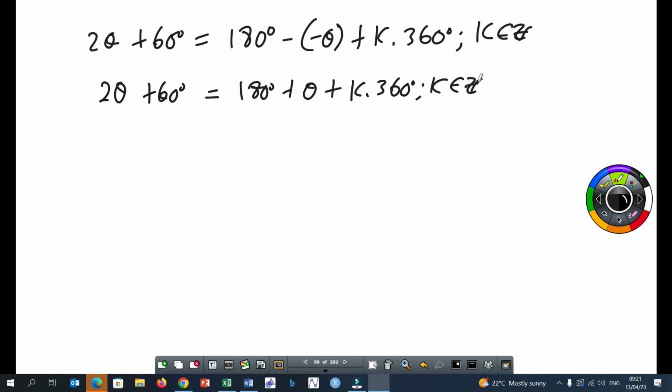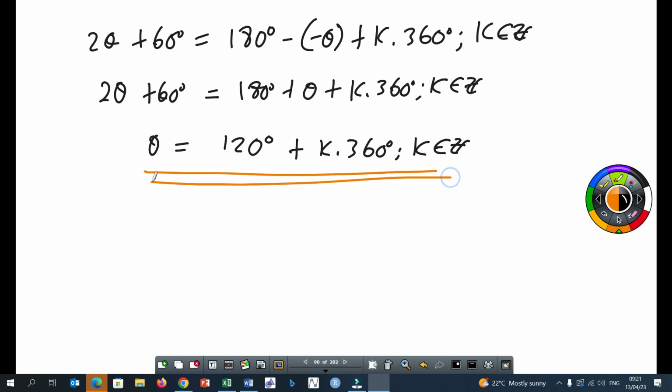This will give me theta equal to 120 degrees plus k times 360, where k is an integer. Okay, so that's the second general solution, and then you will be done. That's all you're supposed to do.